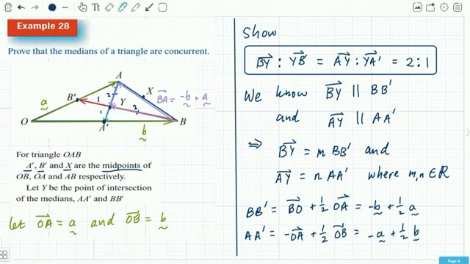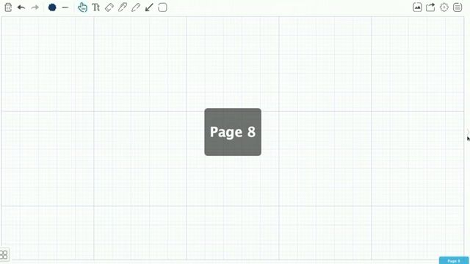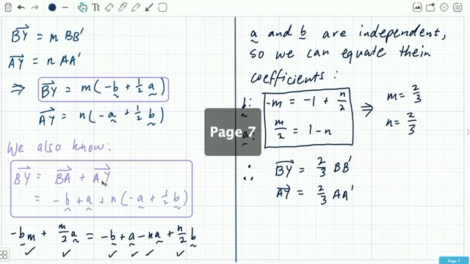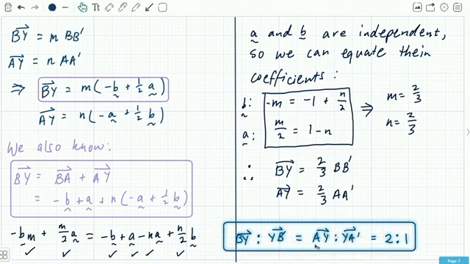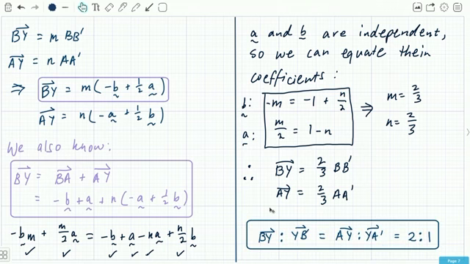So what that means is that A to Y in ratio to Y to A dash is 2 to 1. So we've actually shown this is true. And I'll just put this back to where we were. So that's the first part done. And I'll just put that there so we've got a note to ourselves.